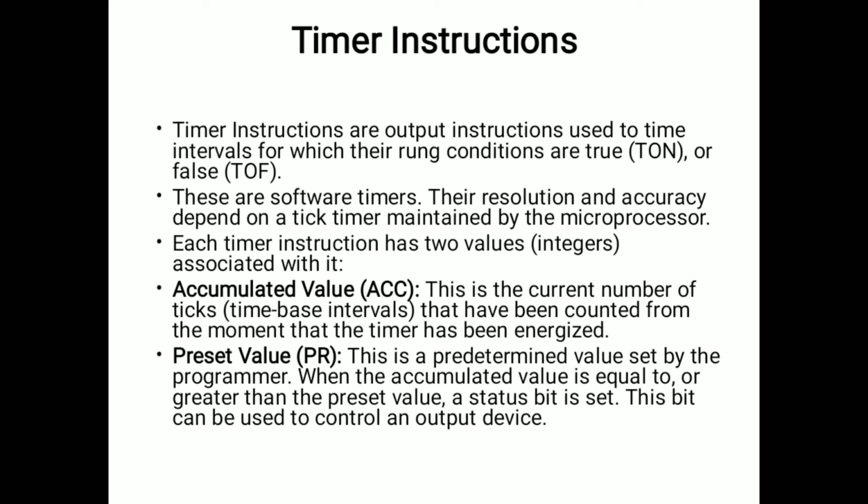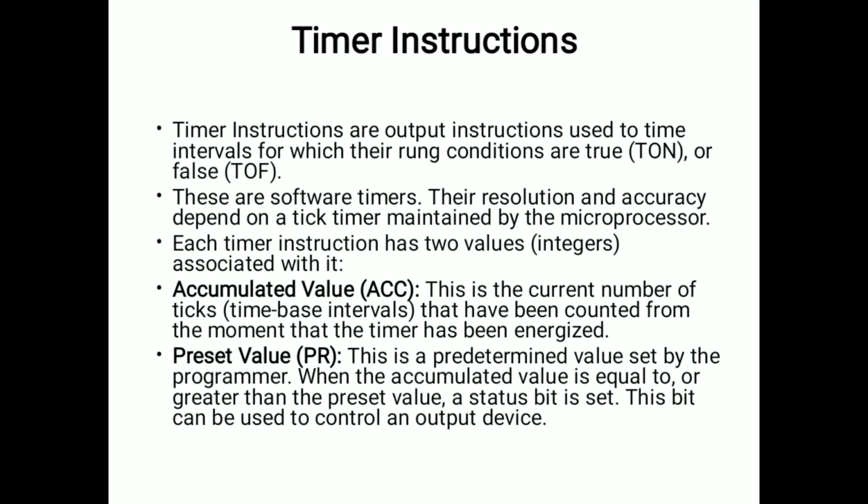Similarly, what is the preset value? Suppose we are starting our timer and we want it to run for 60 seconds. We put the preset value as 60, meaning up to which value, for how much time, we want to run the timer. Accumulated value represents the current status of the time base interval.